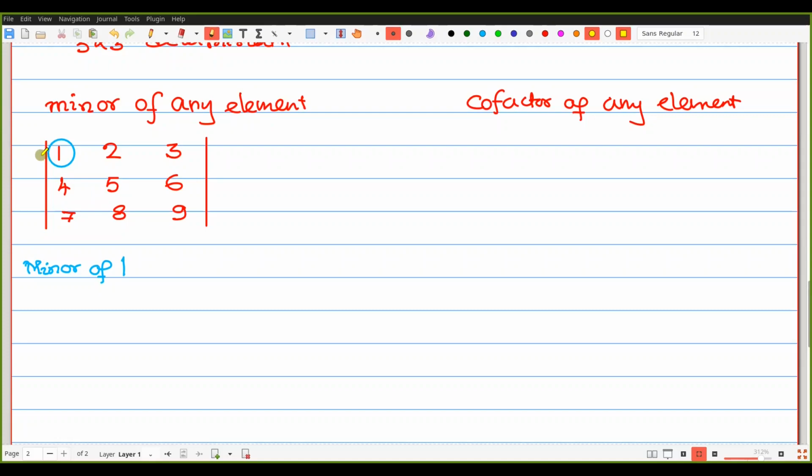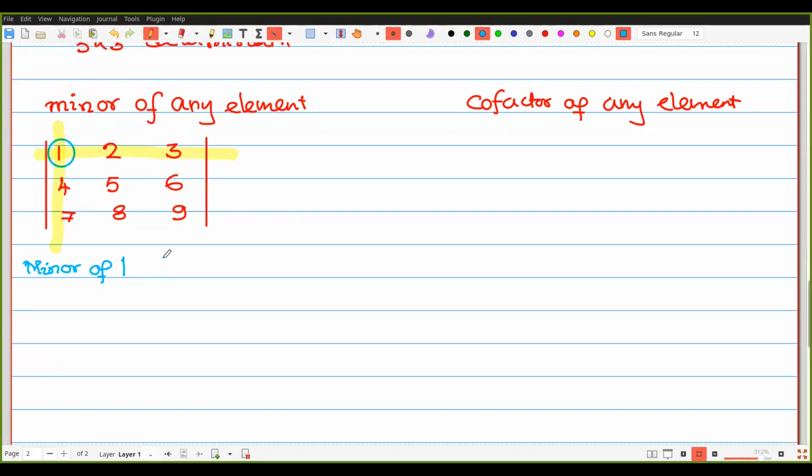Element 1 is residing at row number 1 and column number 1. So remove that row and column. Whatever is left is the minor of that particular element.